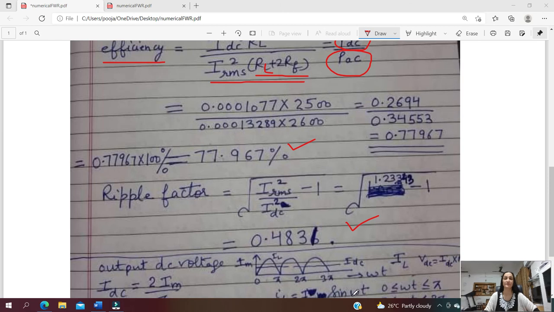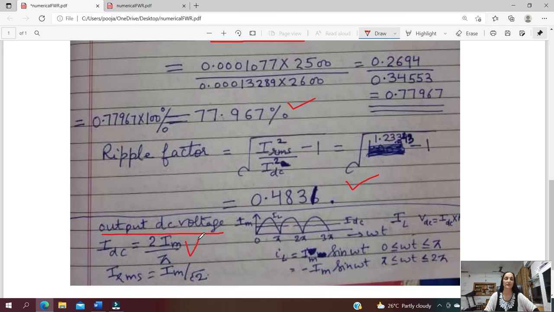Okay, now if we are asked what the output DC voltage across RL will be, then we will write VDC is equal to IDC into the load resistance RL.